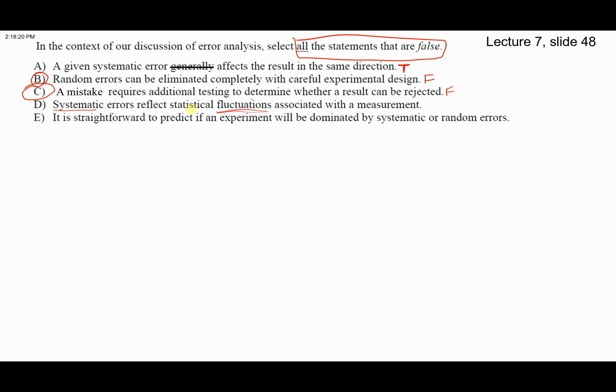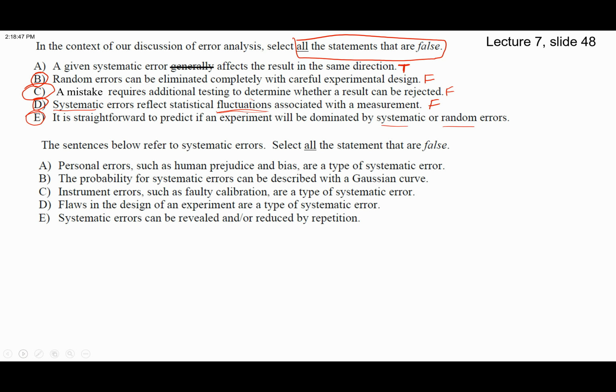So random errors reflect statistical fluctuations associated with a measurement. So once again, big old false. Lastly, it is straightforward to predict if an experiment will be dominated by systematic or random errors. Absolutely not. You have to do the measurements. There's no real way to predict that. So the answers for all the false ones would be B, C, D, and E.